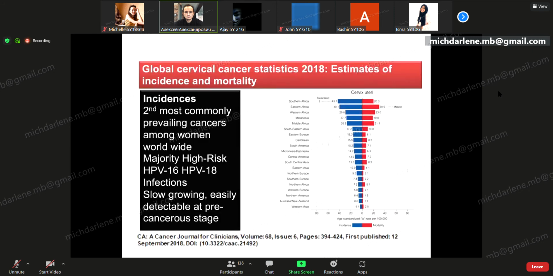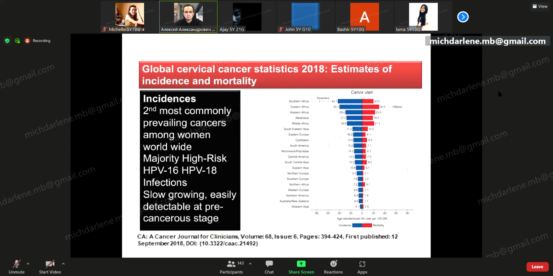But take a look at the global cervical cancer statistics in 2018, and you will see a serious difference between different countries. Take a look, for example, at African countries, and take a look at Western Asia.